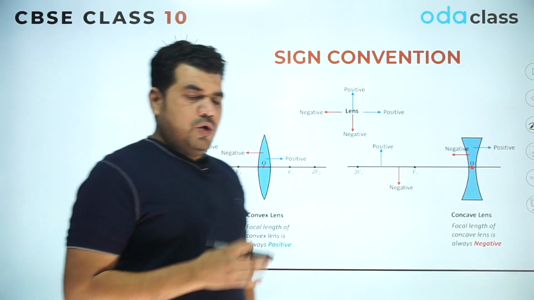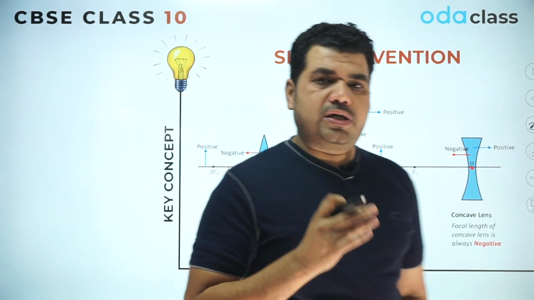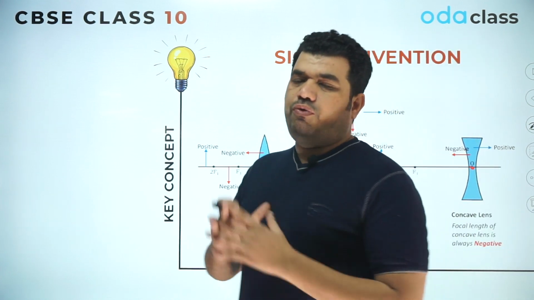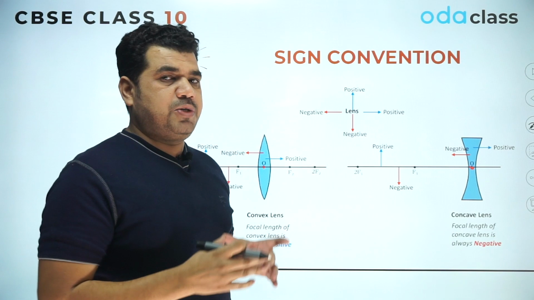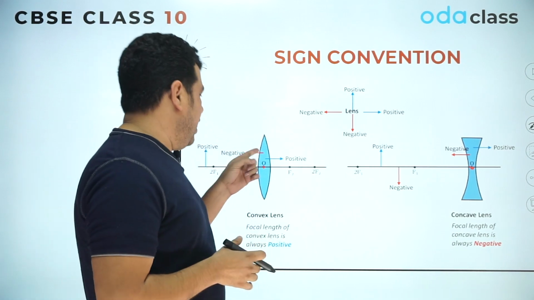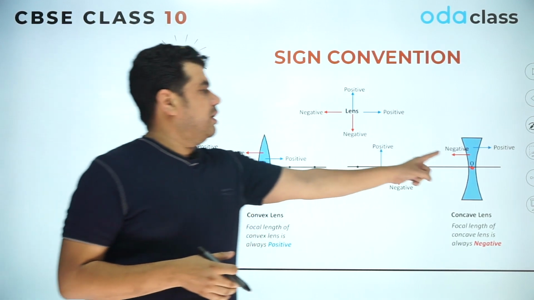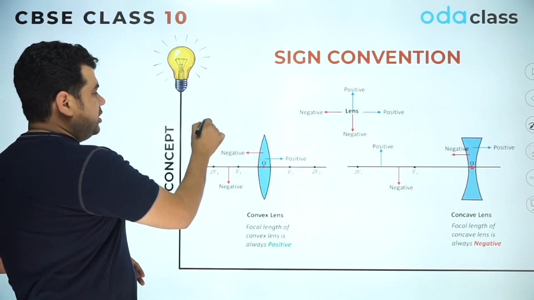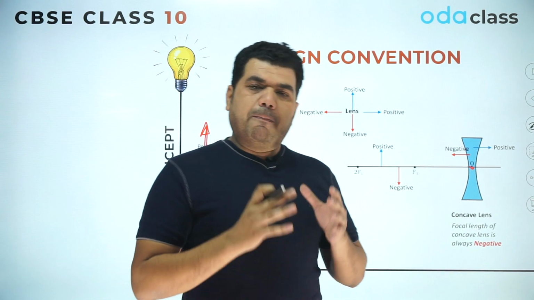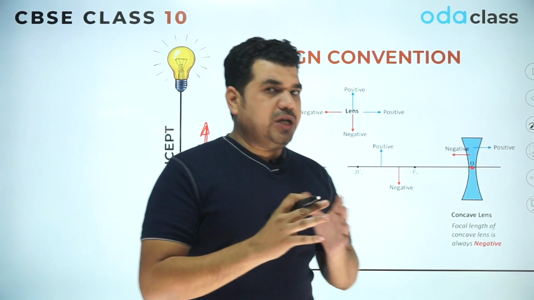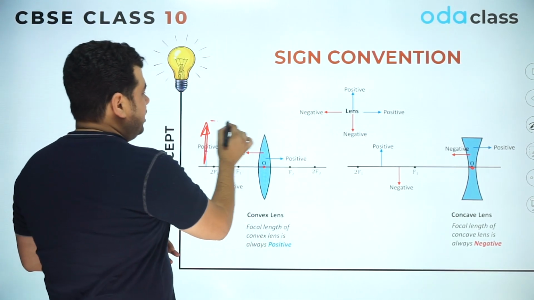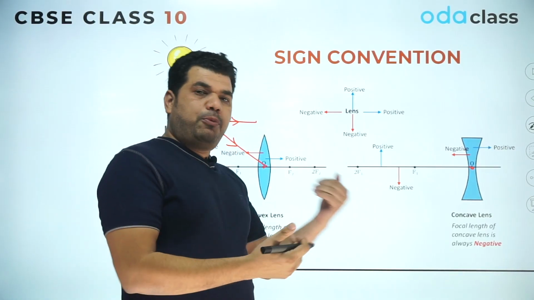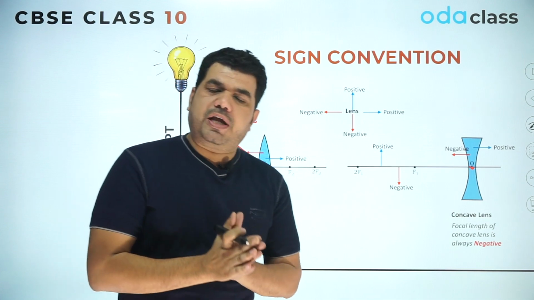All the distances, whether the distance of the object, the distance of the image, as well as the focal length, must be measured from the optical center of the lens. If the object is placed here, all the light rays must start from the object itself, and the distance measured opposite to the incident ray must be taken as negative.